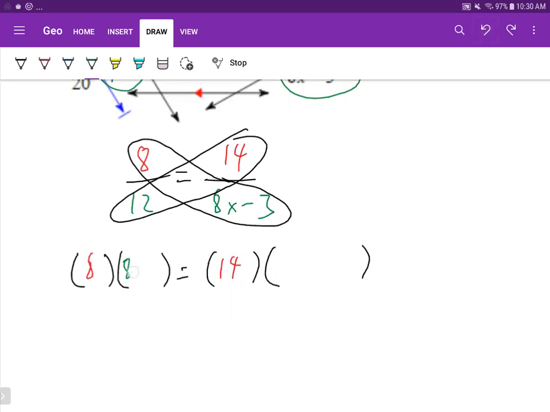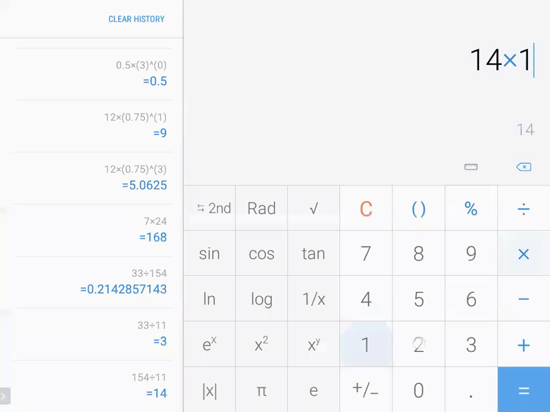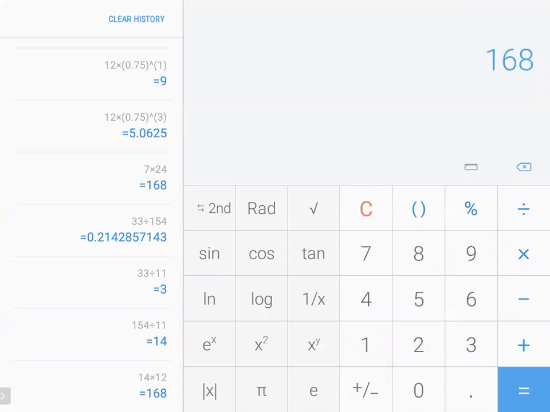I messed this up. 8x minus 3, and then 12. So 8 times 8 is 64x minus 24 equals 14 times 12 is 168.